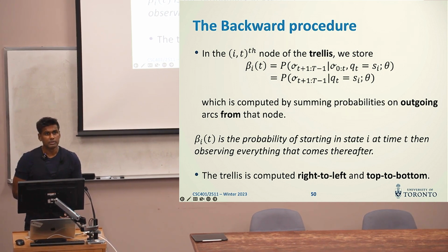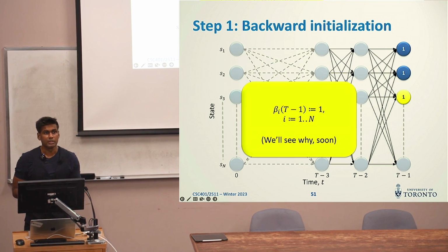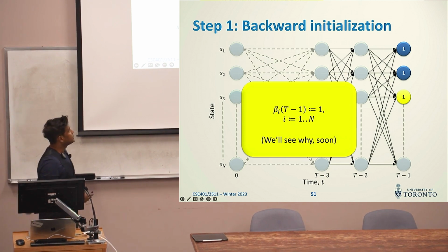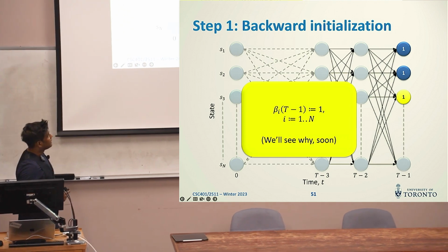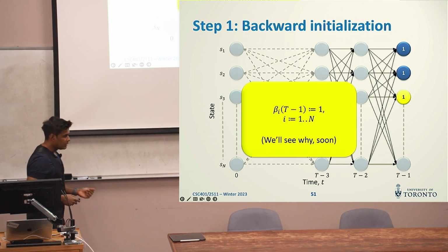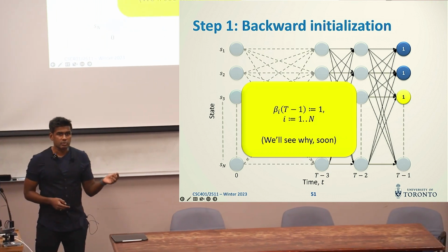Just like the forward procedure, we have 3 steps for the backward procedure: initialization, induction, and conclusion. In backward initialization, we use the last time step, this column over here, and we initialize our beta i values for T minus 1 as 1. Now you may ask where this 1 is coming from.